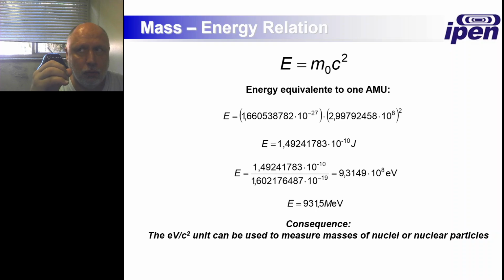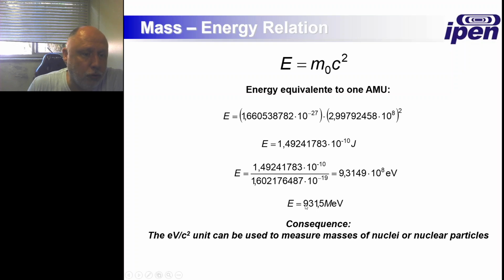It's impossible for us to have a scale and just weigh one atom or a molecule. But we can measure energies very precisely. So, most of the time when we're talking about elementary particles, atoms, nuclei, what we really measure is energy, right? So, what better way to translate that to mass than just dividing by c squared?